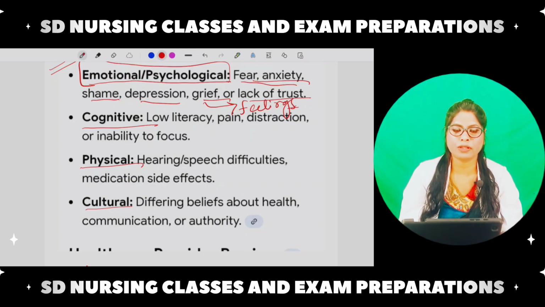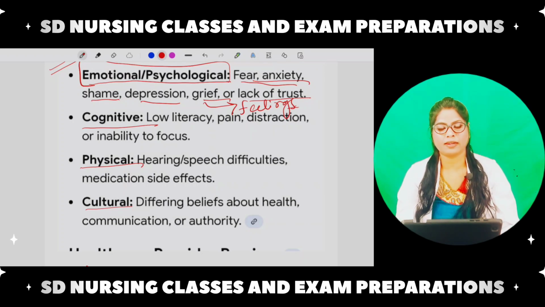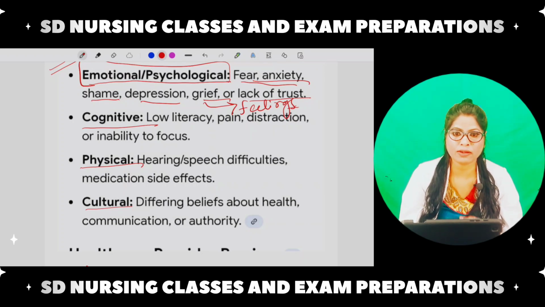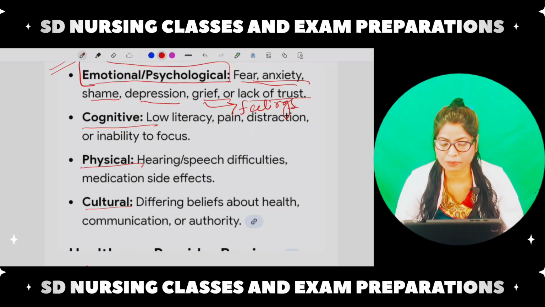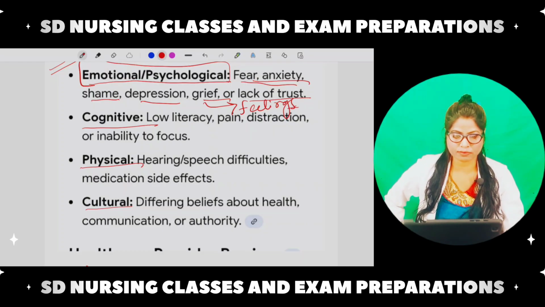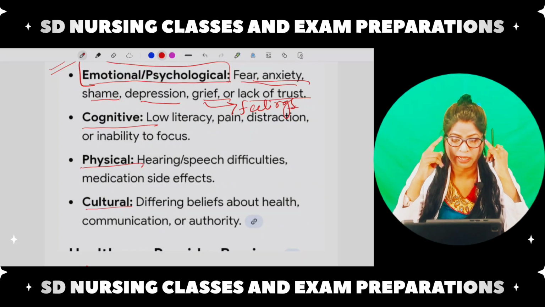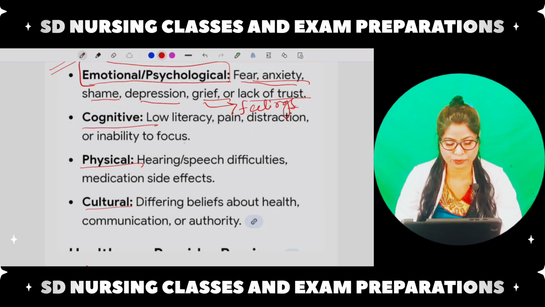Again you say to the patient, please look at me, I am discussing this matter for your benefit only. Still he is not reacting to your words. In this case it is a cognitive problem. If she is affected by pain, or because of low literacy, and the focus quality is not there, this may be a barrier for communication.